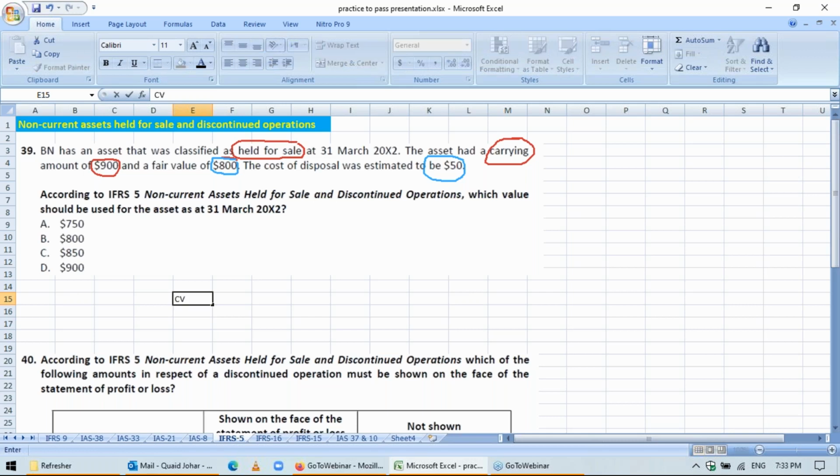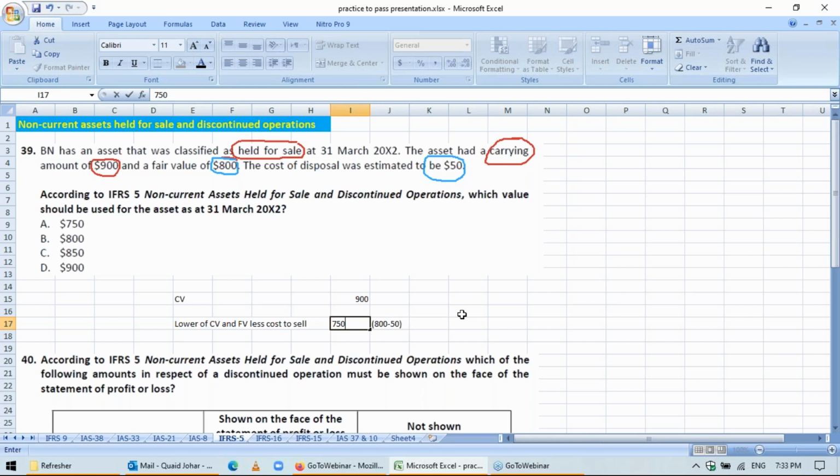Right now the carrying value is $900, but after the decision it will be carried at the lower of the two. The fair value less cost to sell is lower in this case, 800 minus 50, which makes 750.